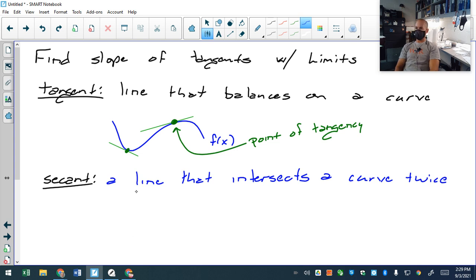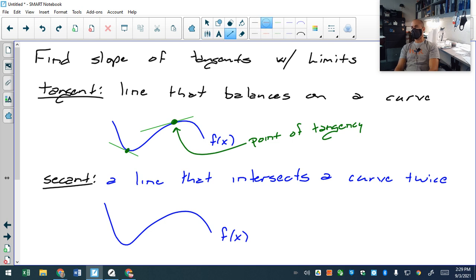So if I have a curve, well, I'll just draw this one up there, something that looks kind of like that again. A secant would go through the graph twice. That's a secant. Are we good?